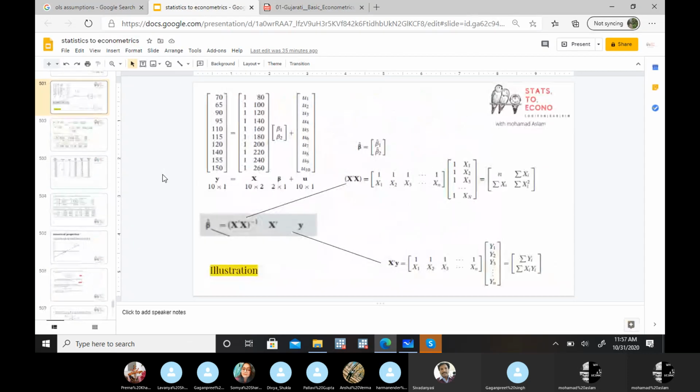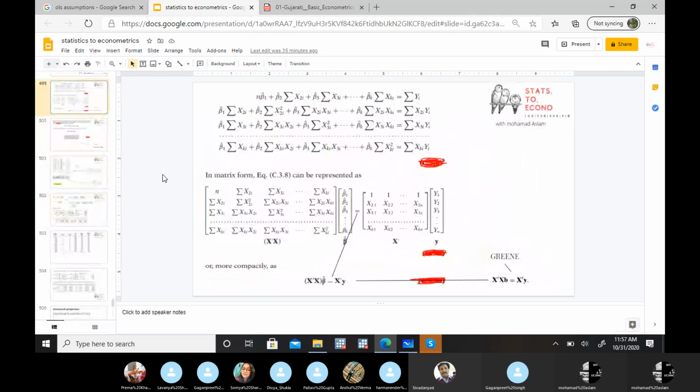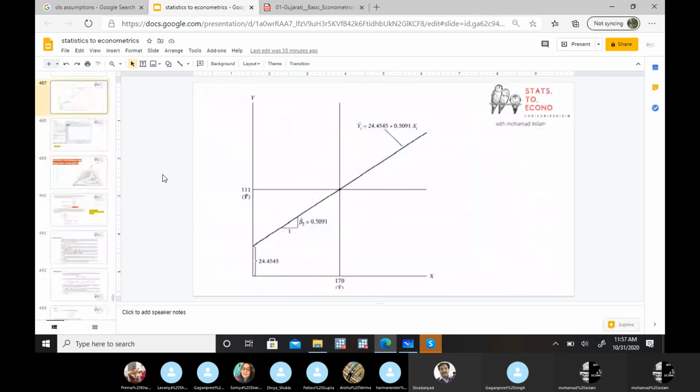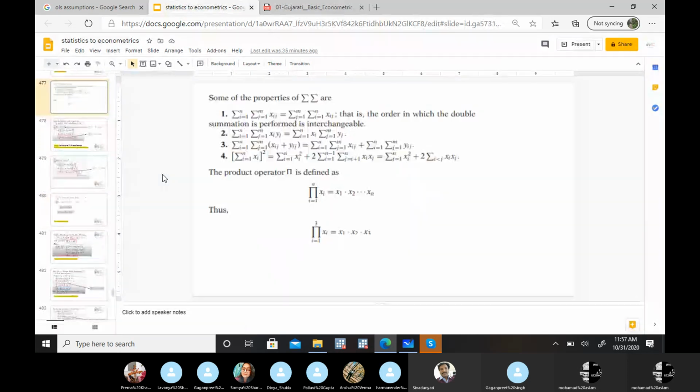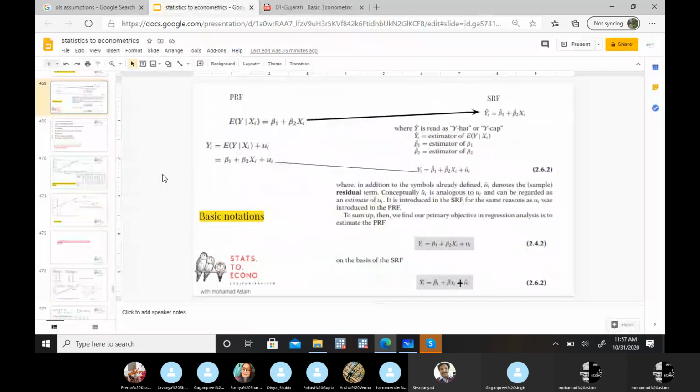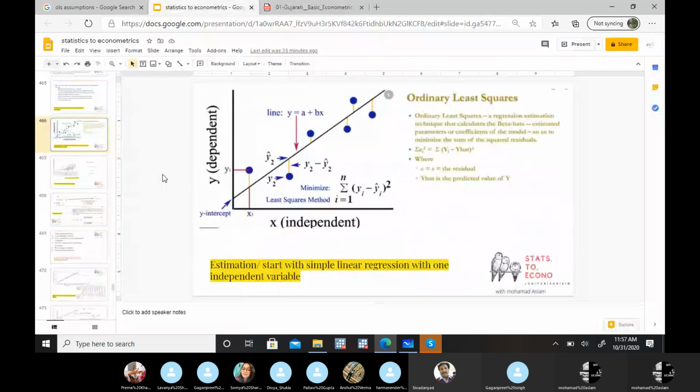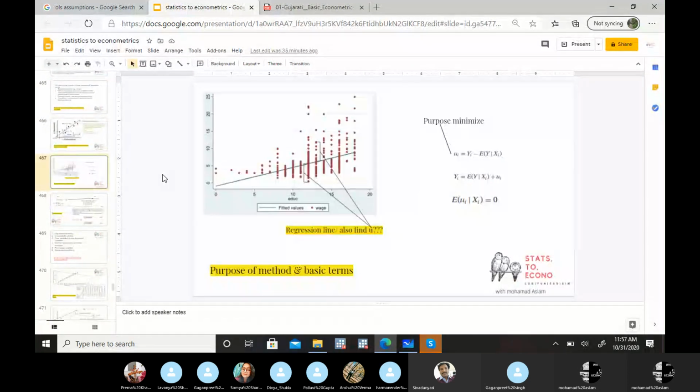Okay, let me give you this example from the graph. This example we have taken with wage as the dependent variable and education as the independent variable.